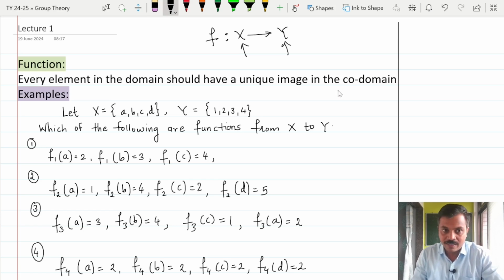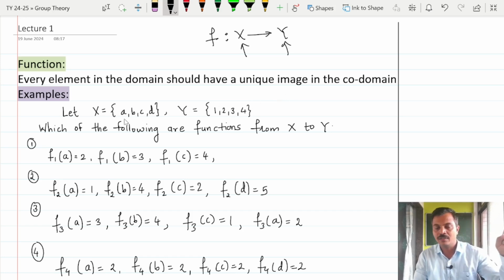Let us jump towards the example. I have taken a set X as A, B, C, D, which is my domain. I have taken my set Y as 1, 2, 3, 4, which is my codomain, and we have to check whether all these are functions from X to Y. Remember, the key thing in the definition is that every element in the domain should have an image, but that image should be unique.